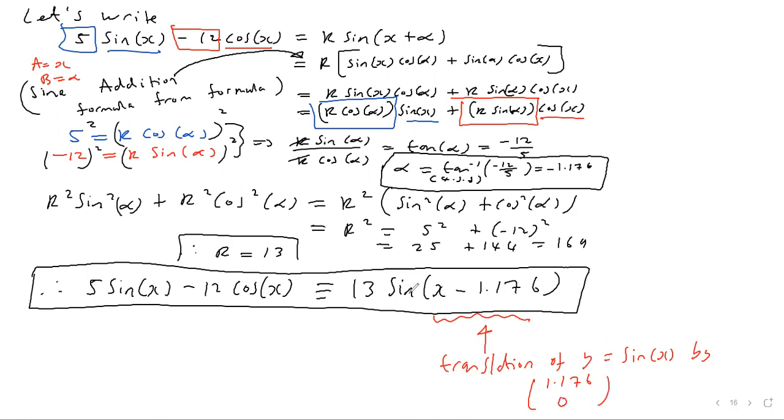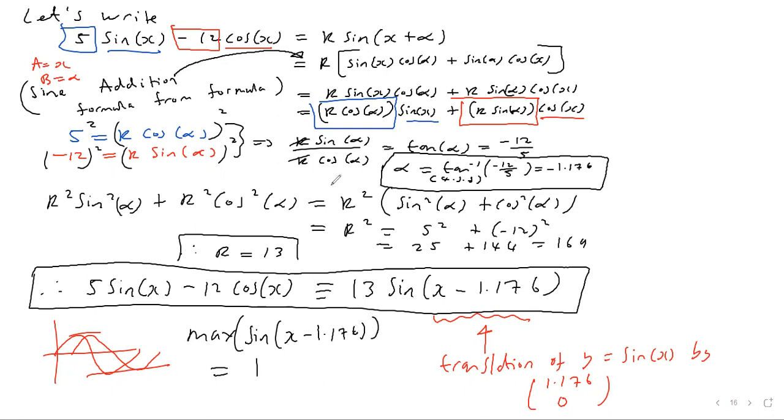So when you shift a sine graph to the right, you're not changing the maximum and the minimum values of that sine graph. So again, a sine graph like this, you're going to shift it to the right a little bit. You're not changing the maximum and the minimum values. They're still going to be 1. So we know for a fact that the maximum value of this sine of x take away 1.176 is still going to be 1.